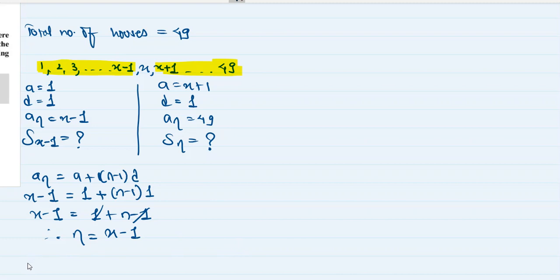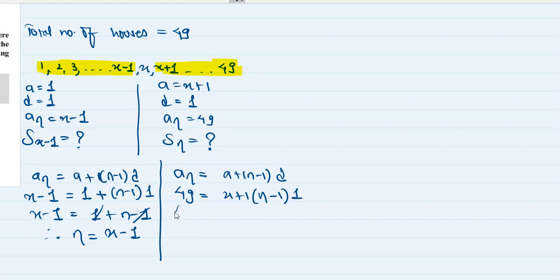Okay, sum of n terms we'll find later. Here what will be n? The nth term formula is a plus n minus 1 into d. The nth term is 49, a is x plus 1, n we don't know, and d is 1. So 49 is equal to x plus 1 plus n minus 1.